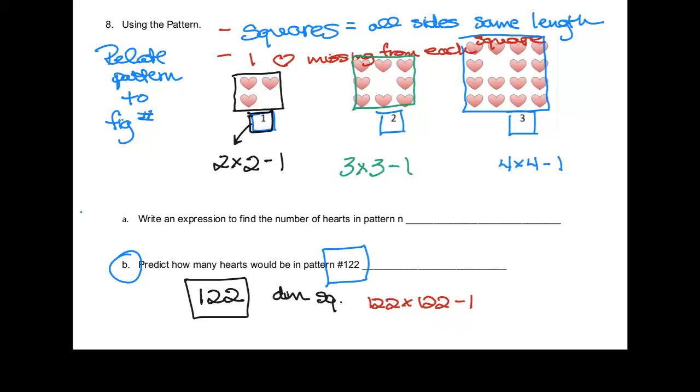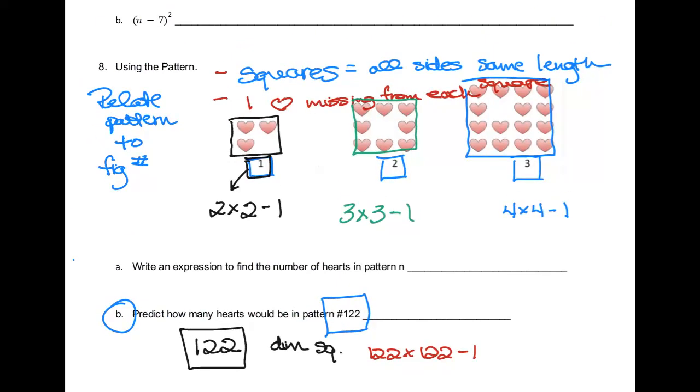Is it going to be 122 by 122? No, because figure 3 was a 4 by 4. What would figure 4 be? What would figure 4 be, guys?